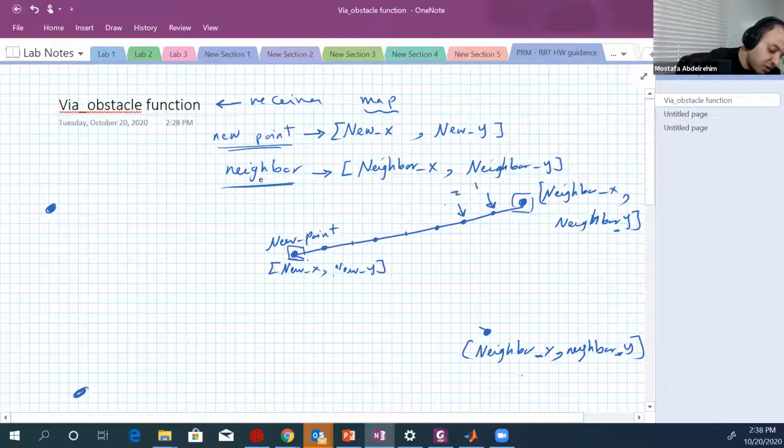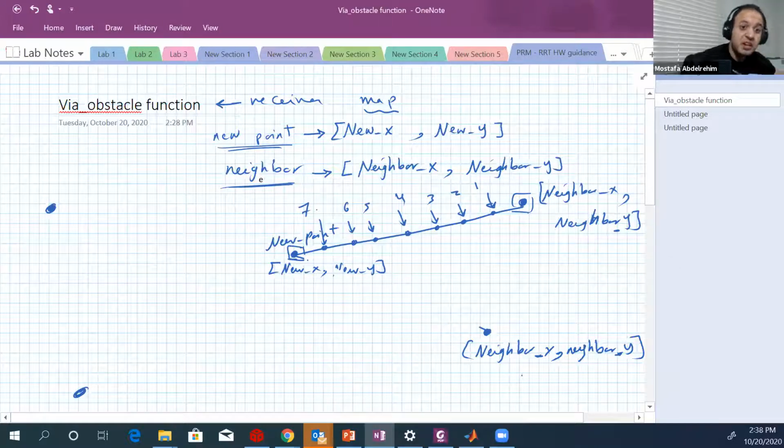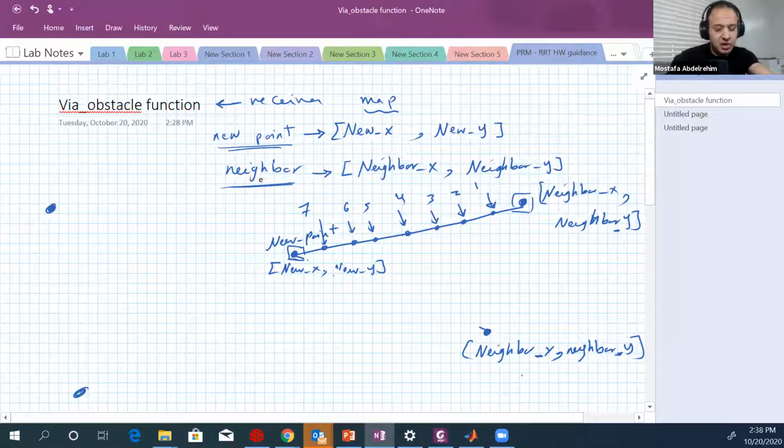Let's call it 1, 2, 3, 4, 5, 6, 7. So we divided it into 8 segments, and 8 segments have 7 points. The number of points that you're gonna check is always equal to the number of segments minus 1.